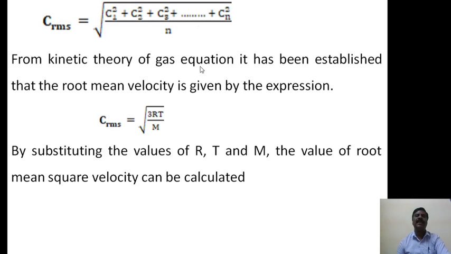From the kinetic theory of gas equation, it has been established that root mean square velocity is given by the expression C_RMS equal to square root of 3RT divided by M. This equation directly came from the kinetic theory, and it is not necessary to derive it. You have to take it directly. By substituting the values of R, T and M, the root mean square velocity can be calculated.